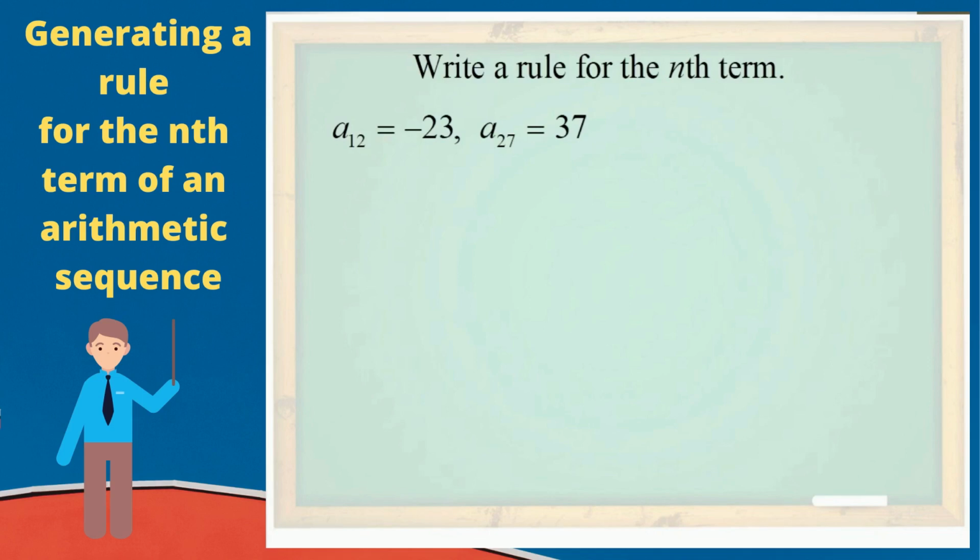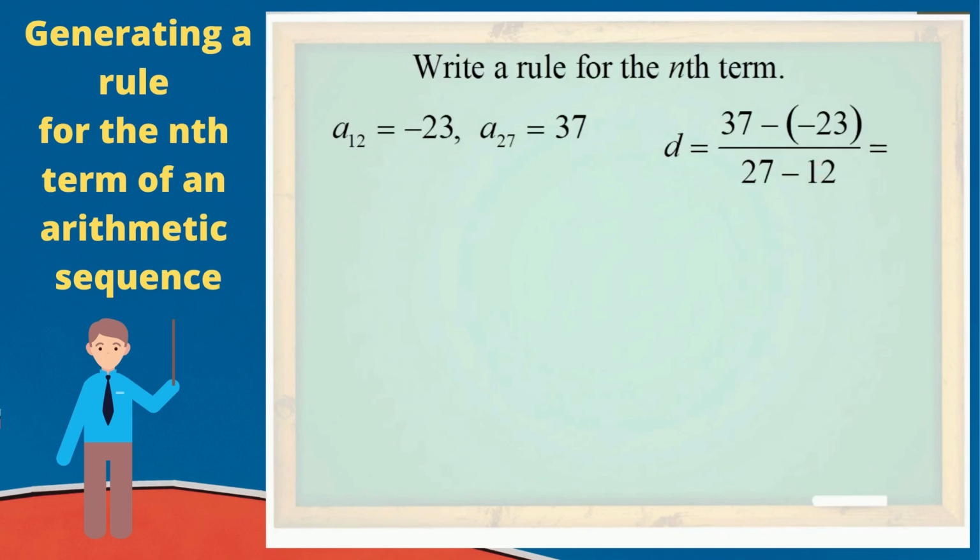Just like what we did in the previous example, to find the common difference, subtract the value of a sub 27, which is 37, minus the value of a sub 12, which is negative 23, all over the subscript of a sub 27, which is 27, minus the subscript of a sub 12, which is 12.